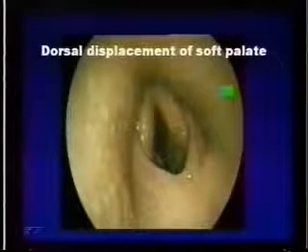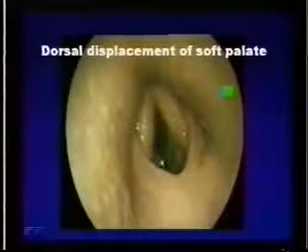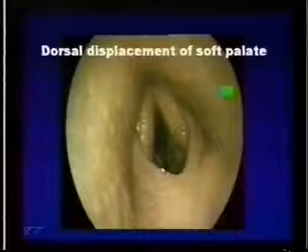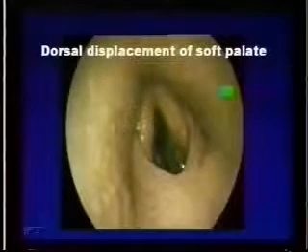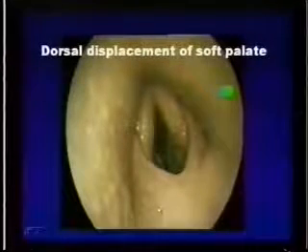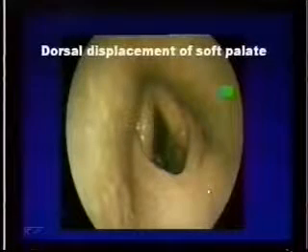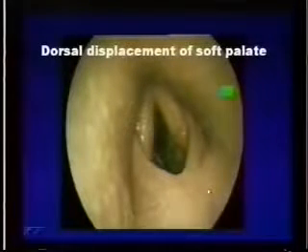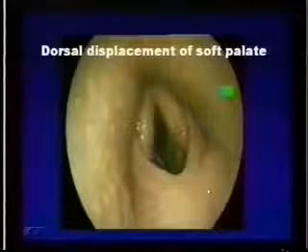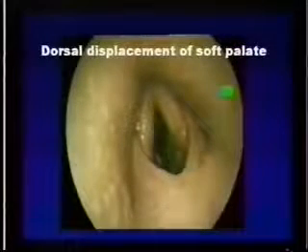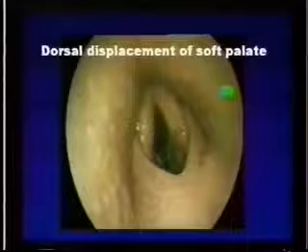So when this horse breathes in and out, we now have this free border along the back of the soft palate that catches the air and causes ballooning of the soft palate as the horse breathes in and out. And of course, this is the cause for respiratory obstruction.